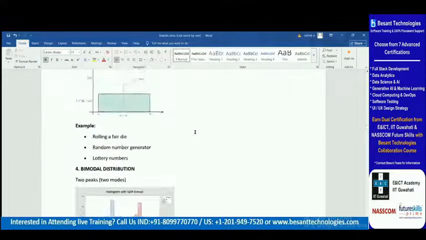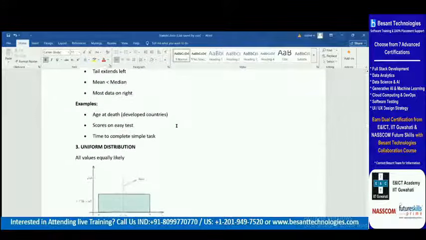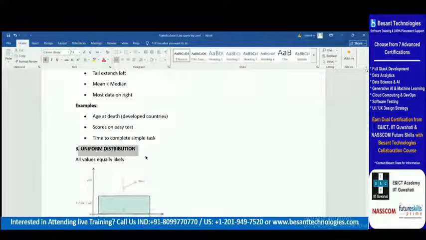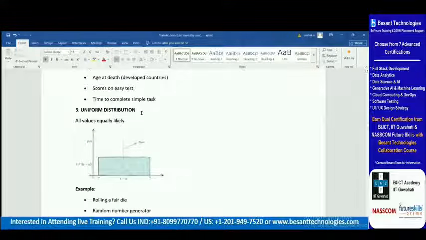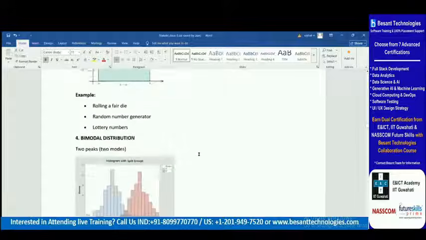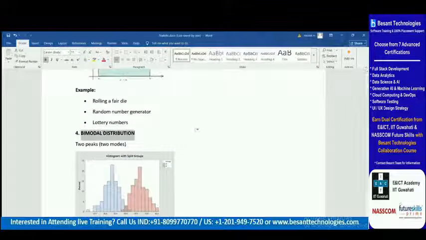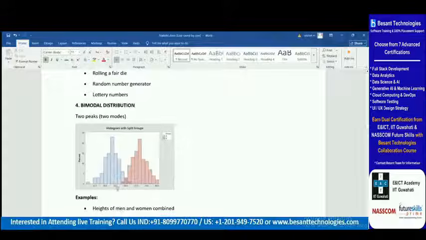Okay, and one more thing I want to say: there are 2 other distributions, called uniform distribution and bimodal distribution. They are not in your syllabus, but I want to let you know about other distributions also. Bimodal distribution means you have 2 data sets, one of this type and another of another type, and there are going to be 2 peaks, of group A and group B. Consider this is the stock market on day 1 and this is the stock market value on day 2.